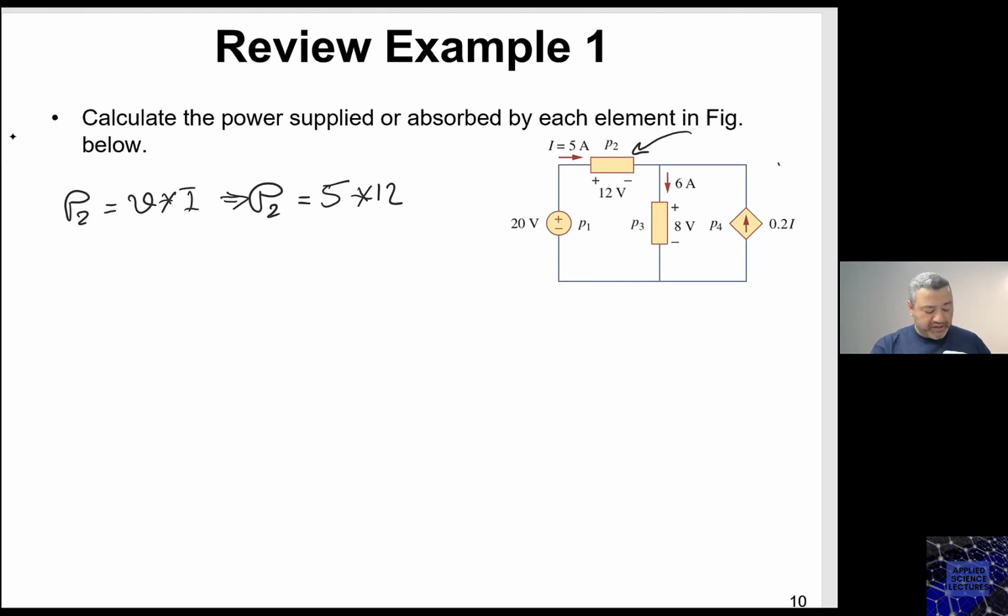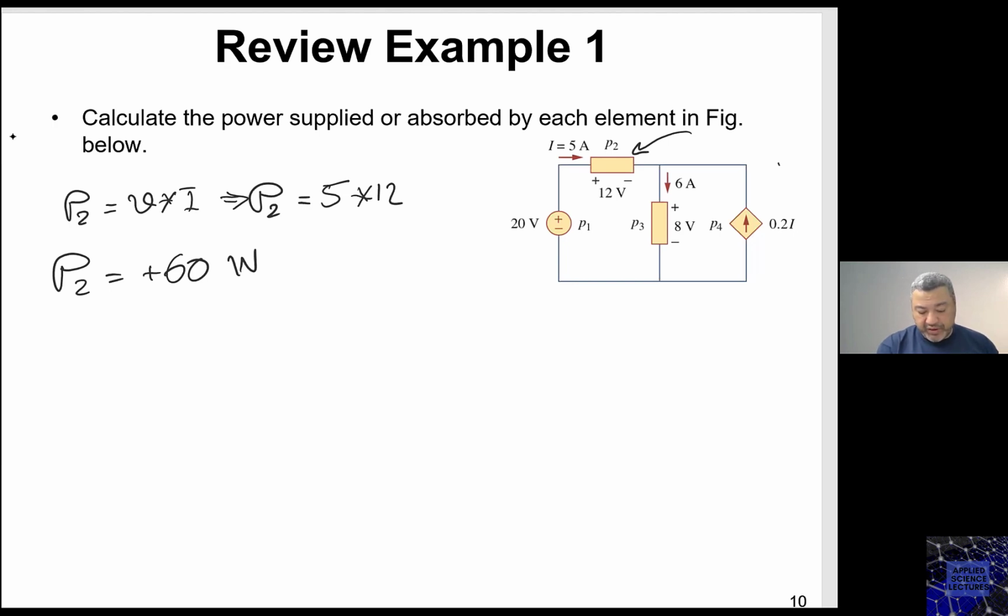And in this case, P2 would be positive 60 watts, which means that component number 2 here is absorbing power.